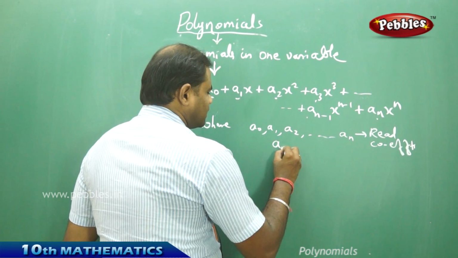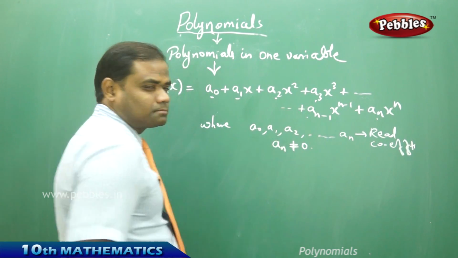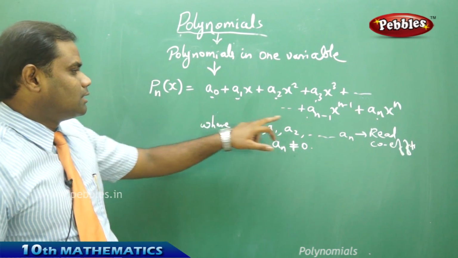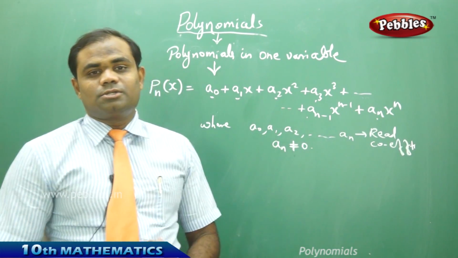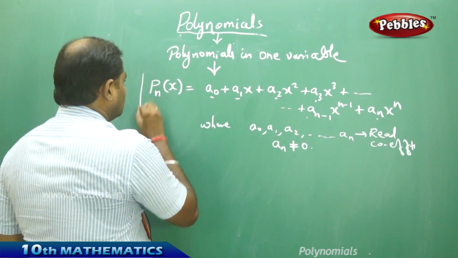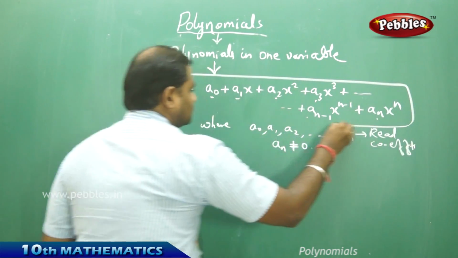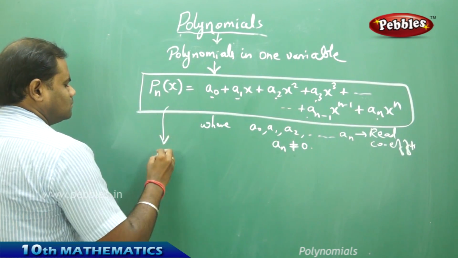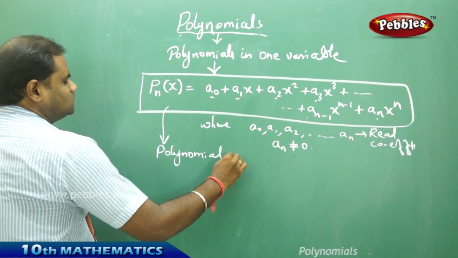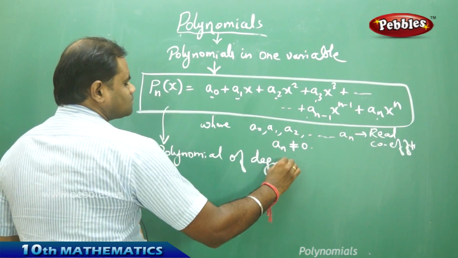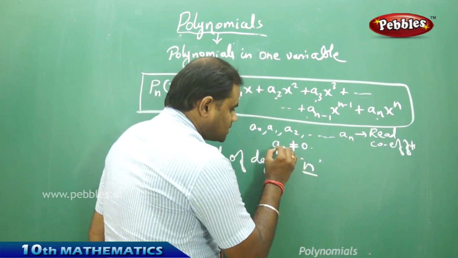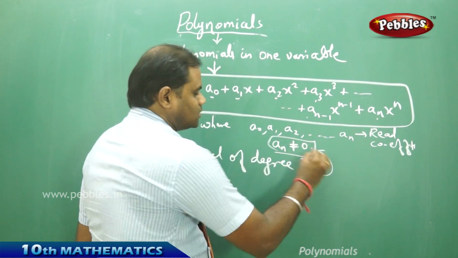In this case, an is not equal to 0, because if an is equal to 0, then the whole polynomial reduces by 1 degree. This is called a polynomial of degree n. The degree decides that an is not equal to 0.